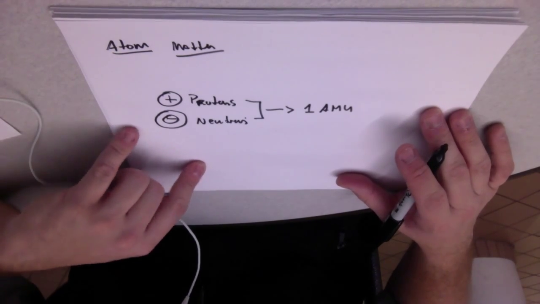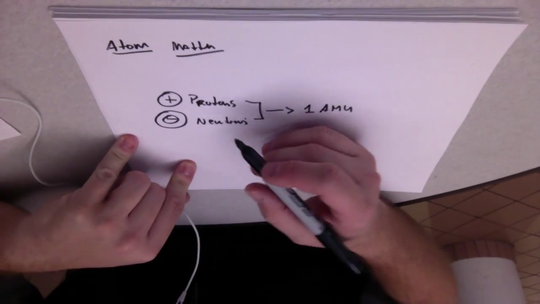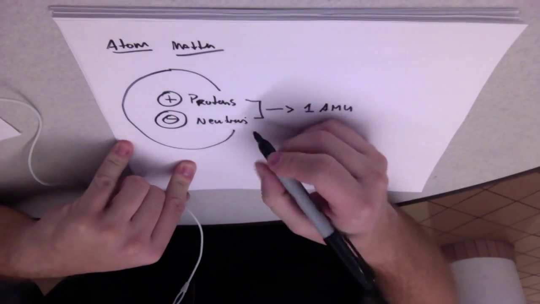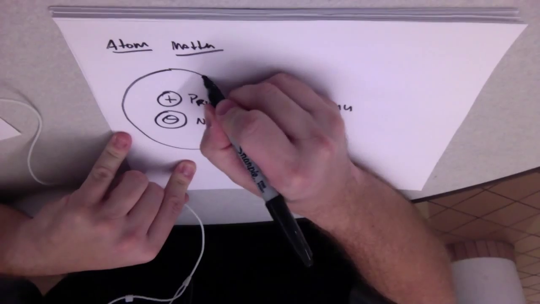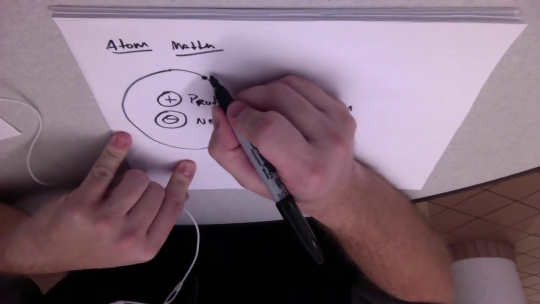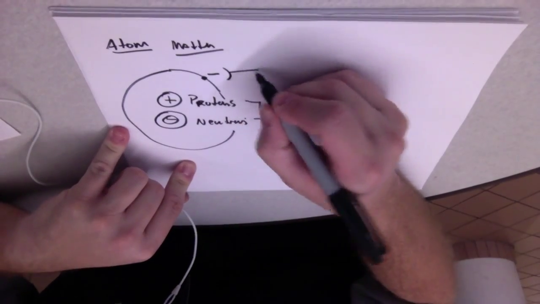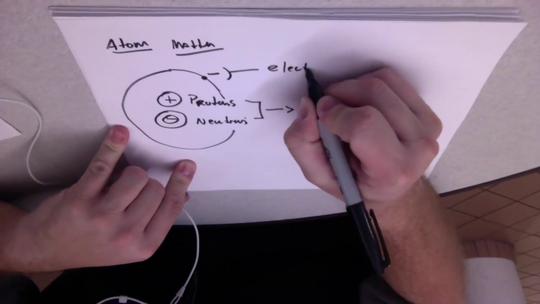Okay, and then in what we call orbitals around the nucleus, we have very tiny, very low mass particles with negative charge. Of course, we call those electrons.